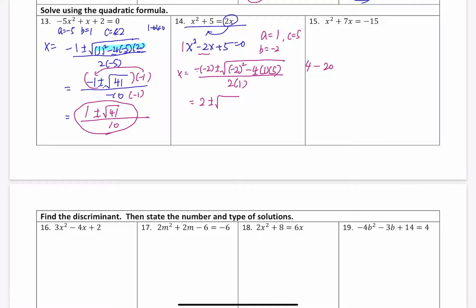So 4 minus 20 is negative 16. Square root of negative 16 is equal to square root of negative 1 times square root of 16. Square root of negative 1 is i. Root of 16 is 4. So 2 plus minus 4i over 2. Simplify more. 2 over 2 is 1, plus or minus 4i over 2 is 2i. We got two complex solutions.